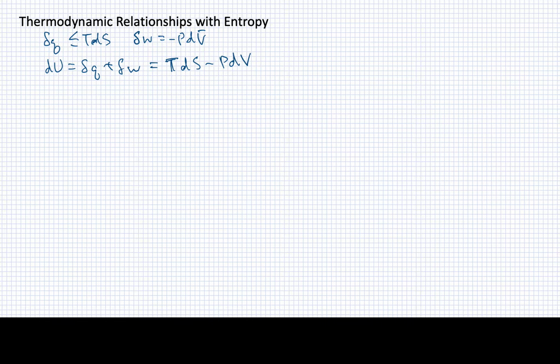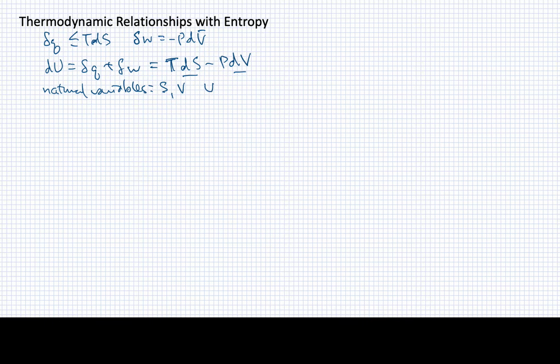Now, I do this because it tells me something about the functionality of the internal energy. In fact, this simple form tells me that natural variables for U would be entropy and volume.